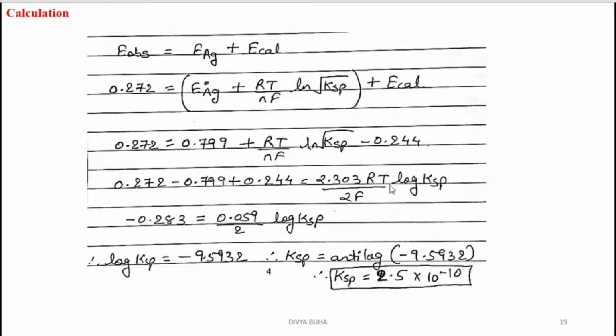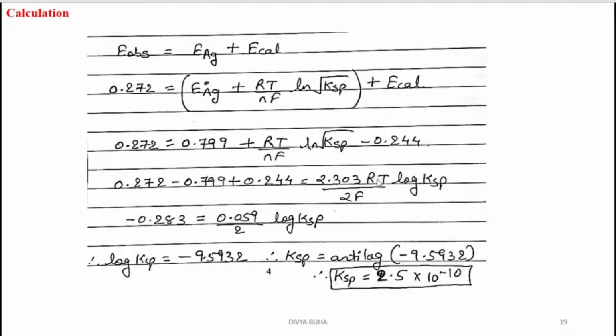T would be the temperature that you have to take in Kelvin, and if we consider 25 degrees Celsius as a standard temperature, then you have to sum up 25 with 273, and that would be 298 Kelvin. So T would be 298 Kelvin.